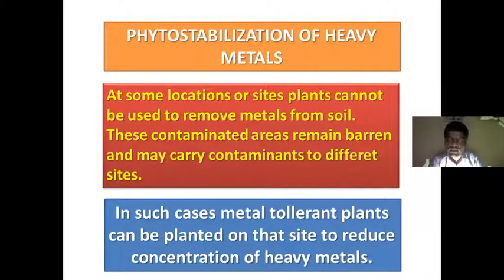That will result in absorption, translocation and storage of heavy metals. So these are all different aspects of phytoremediation. And phytoremediation means the process of neutralizing pollutants from a contaminated site with the help of plants. Hence it is called phytoremediation.